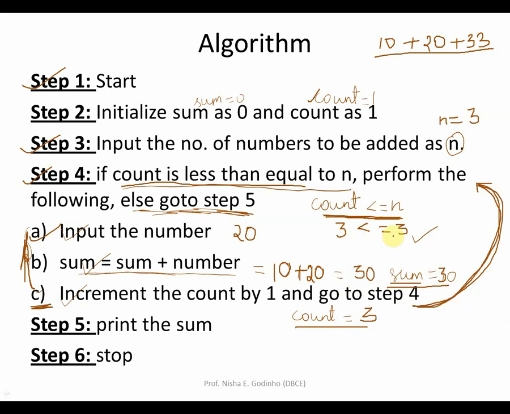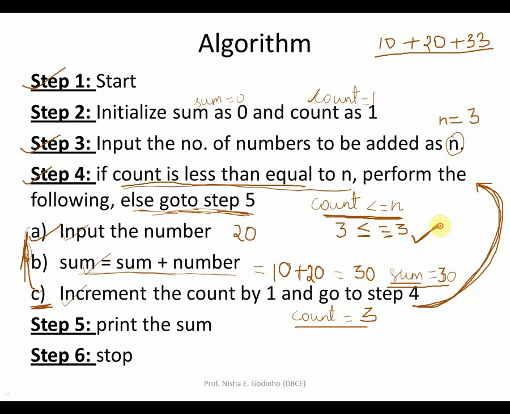Now is 3 less than equal to 3? Is the condition true? Yes, of course. Actually 3 is not less than, but 3 is equal to. So it either checks for this less than part or this equal to part. Either of the two things should be correct.